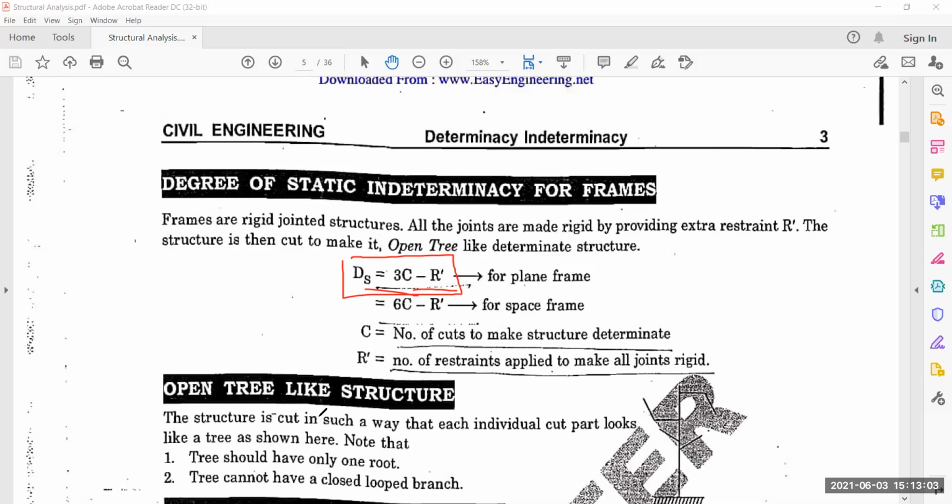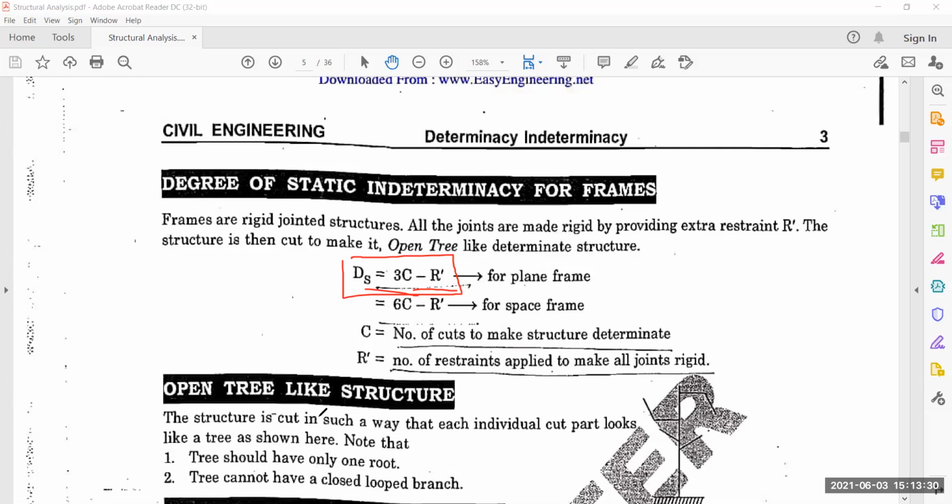If present, we cut all the members of the frame.